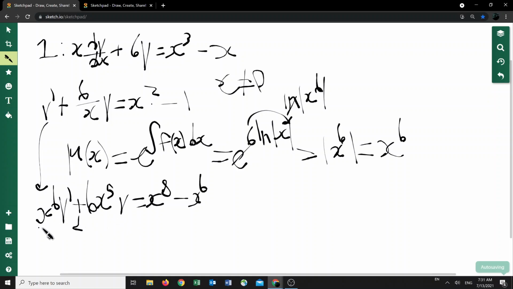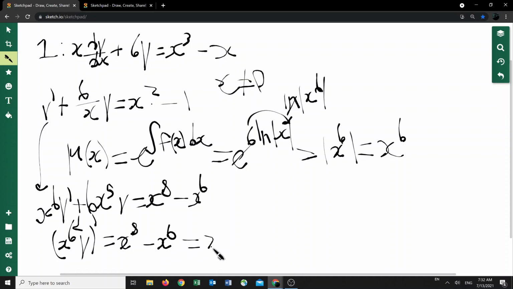Here we first take the derivative of y and leave the second function the same, then take the derivative of the first function and leave the second function the same. So we can easily see that this is just the derivative of the product x to the 6th y, and that's equal to x to the 8th minus x to the 6th.